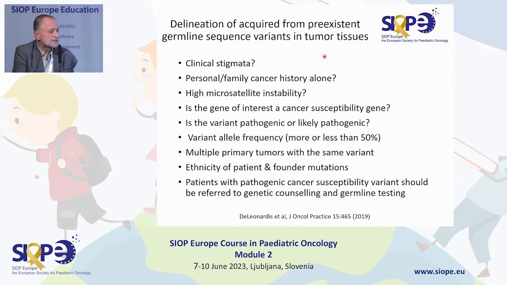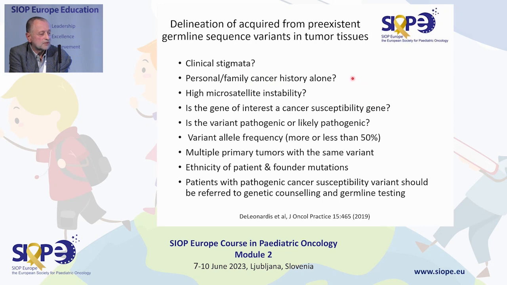So the important thing is to delineate acquired from pre-existent germline sequence variants in tumor tissues. You usually start with the tumor tissues, and then you sometimes get into trouble because you find something which could also be constitutional. Then you have to look at what you can do to identify that. The most important thing for clinicians is to look at clinical stigmata, because there are many syndromes which make one tumor prone.